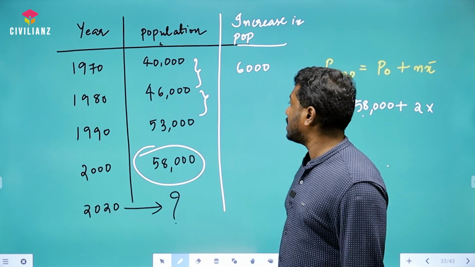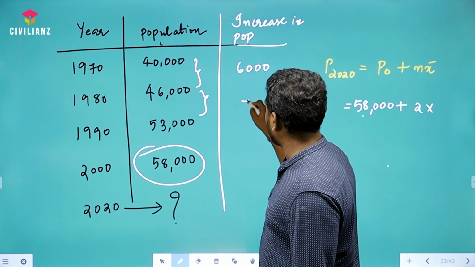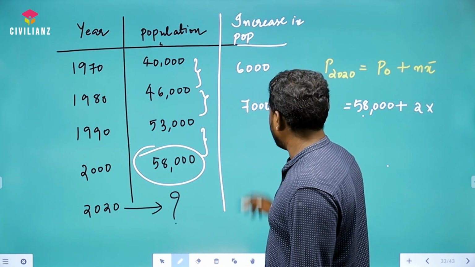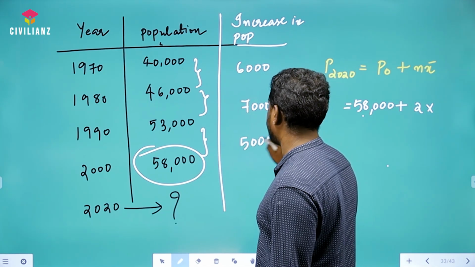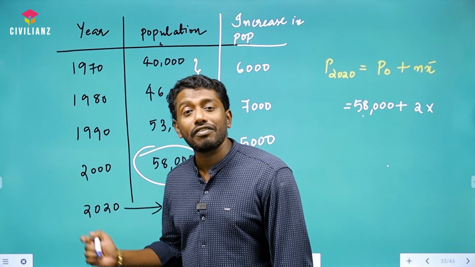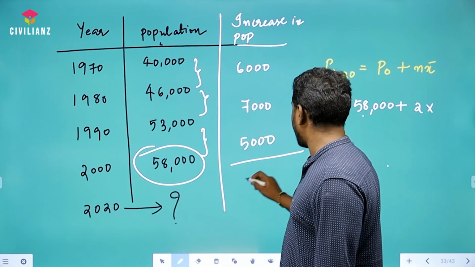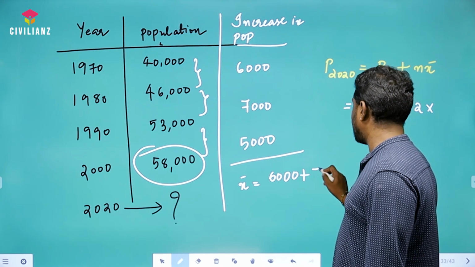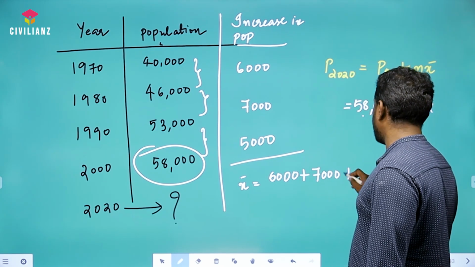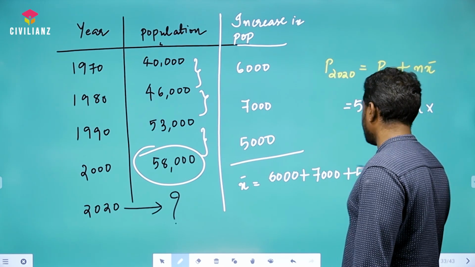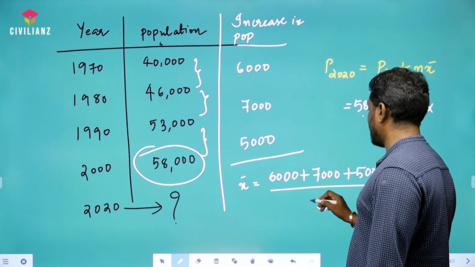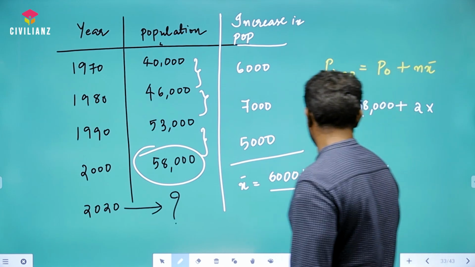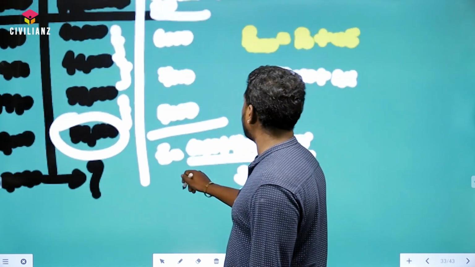During the next decade, the increase was about 7,000, and during the third decade, the increase was about 5,000. So we have to find the average of this. x bar is equal to (6,000 plus 7,000 plus 5,000) divided by 3, which gives 6,000. So x bar is 6,000.